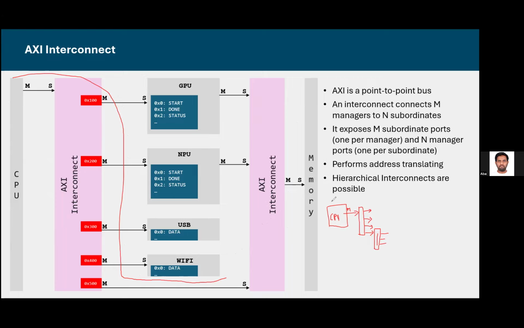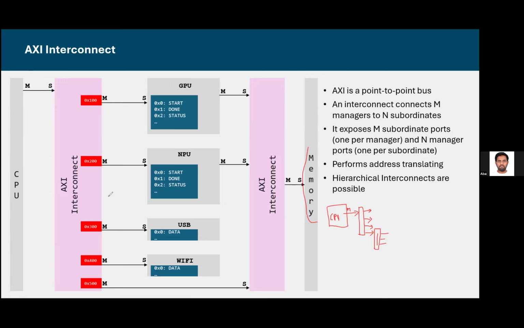So this way, you can stack multiple interconnects together, and these are layers of abstraction, right? The memory only sees one manager, and the CPU only sees one subordinate, and in the middle you have all of these different things. This makes the complexity possible.